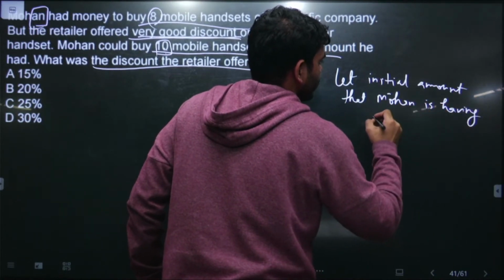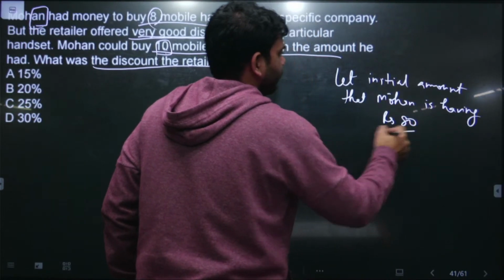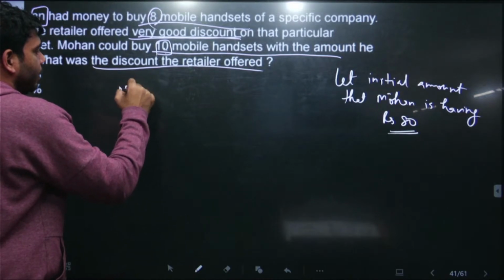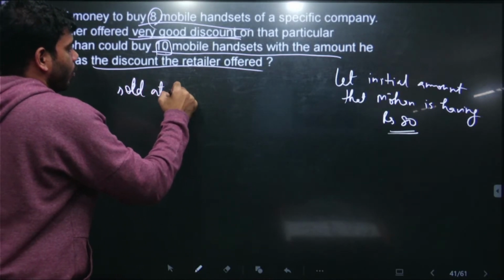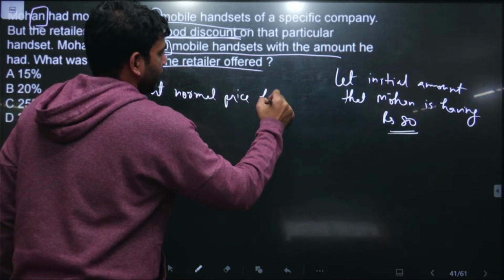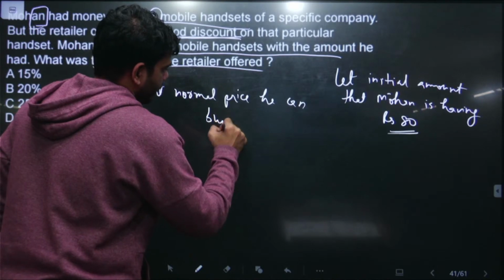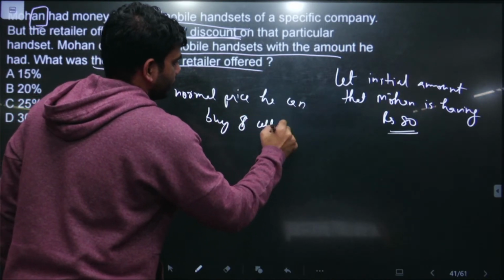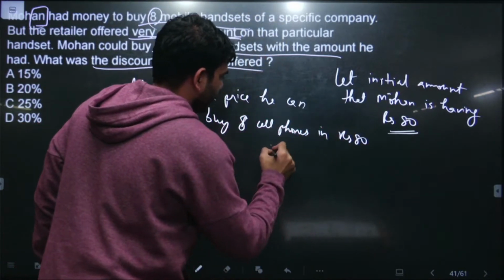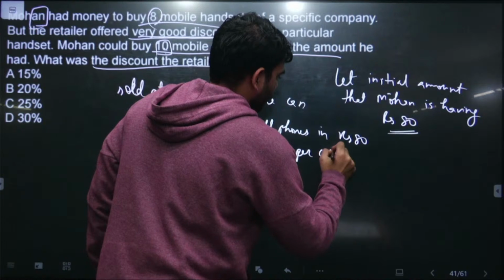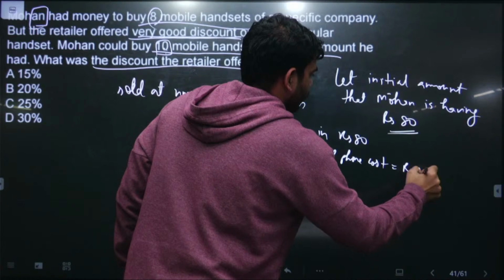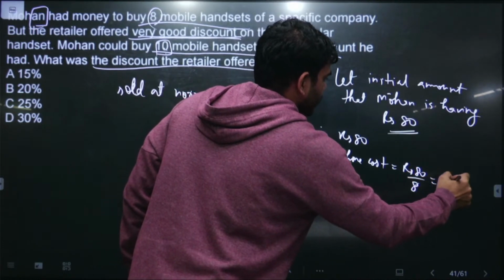Initial amount that Mohan is having is rupees 80. अब उसने बोला है कि when sold at normal price without any discount, he can buy 8 cell phones in rupees 80. It means per cell phone cost is equal to rupees 80 by 8, that is rupees 10.